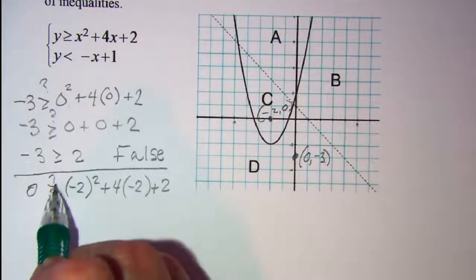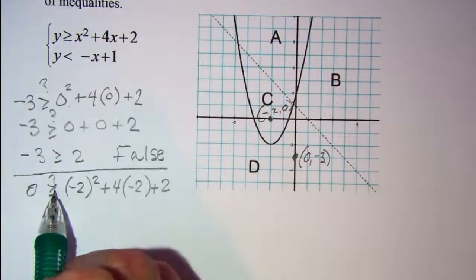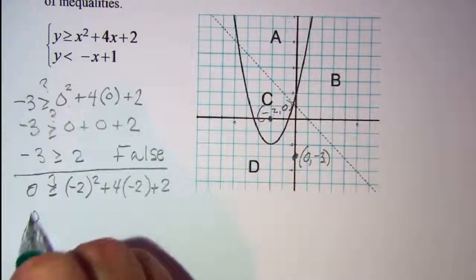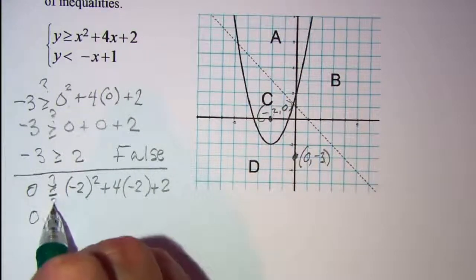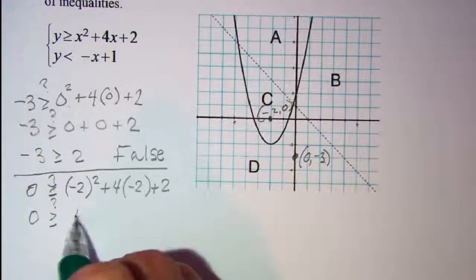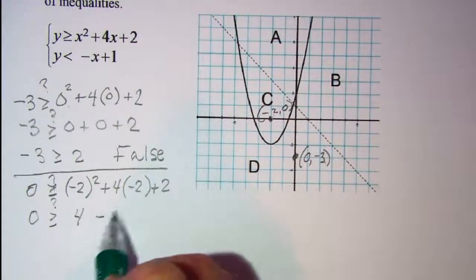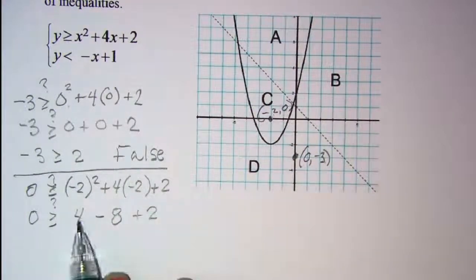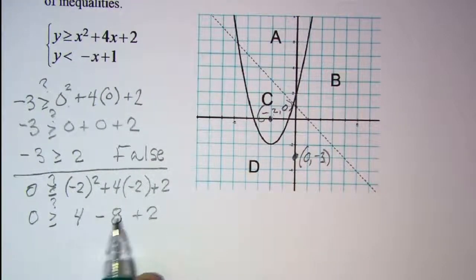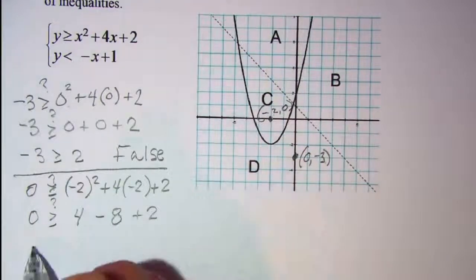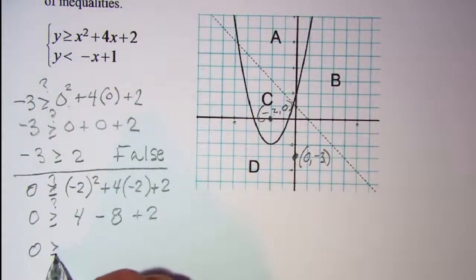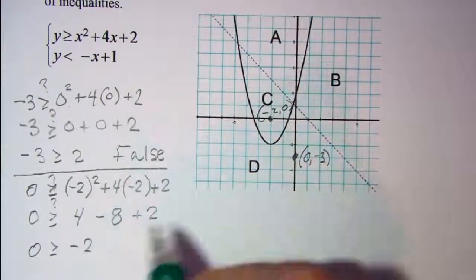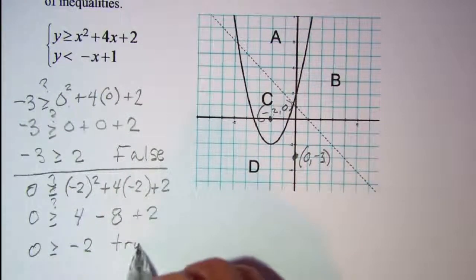So I don't know if that's true yet, so I'll put a question mark there. 0 greater than or equal to, this is 4 minus 8 plus 2. 4 plus 2 is 6, and 6 minus 8 is negative 2. So we have 0 is greater than or equal to negative 2. And that's a true statement.